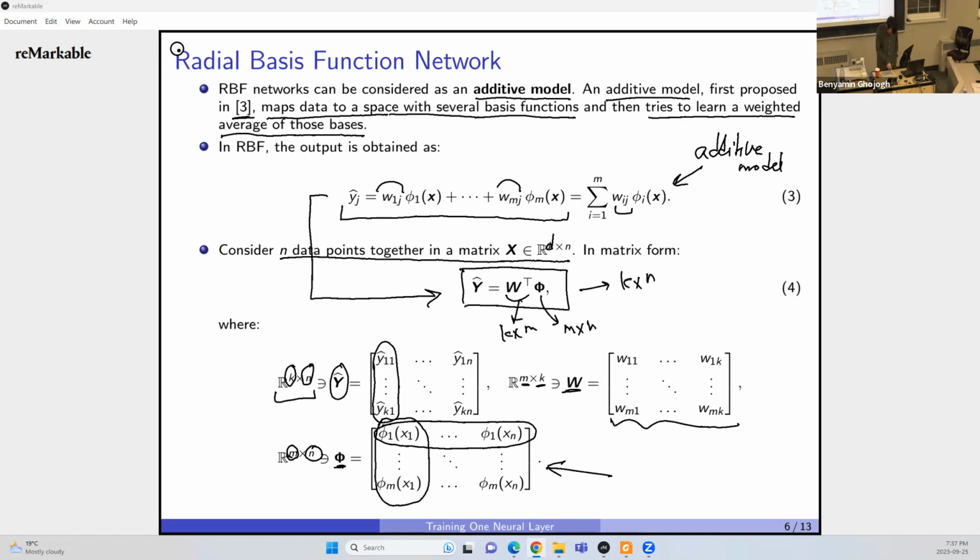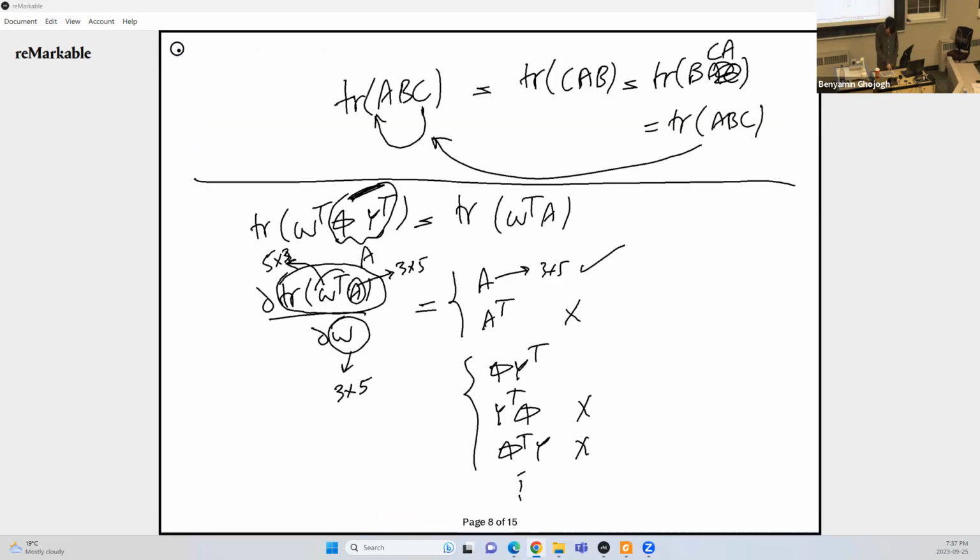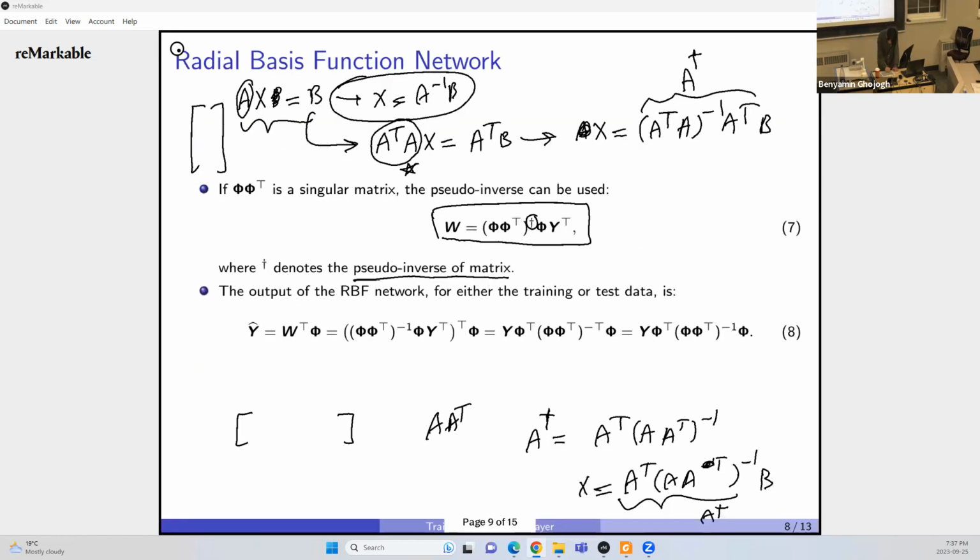Then I can assume that my y hat is W transpose phi. W is already learned in the training phase. But why am I allowed to say that? Why does y hat equal W transpose phi?